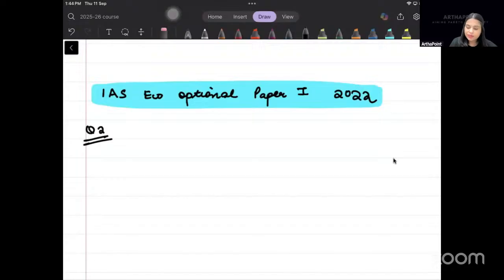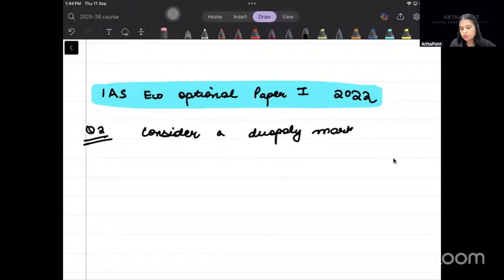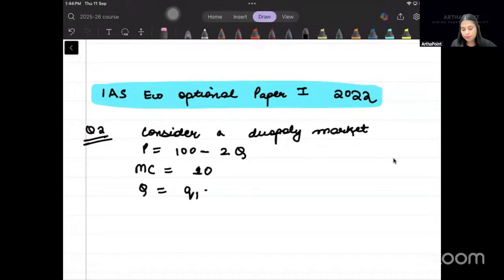Consider a duopoly market with price equal to 100 minus 2Q, marginal cost 10, Q equal to Q1 plus Q2.